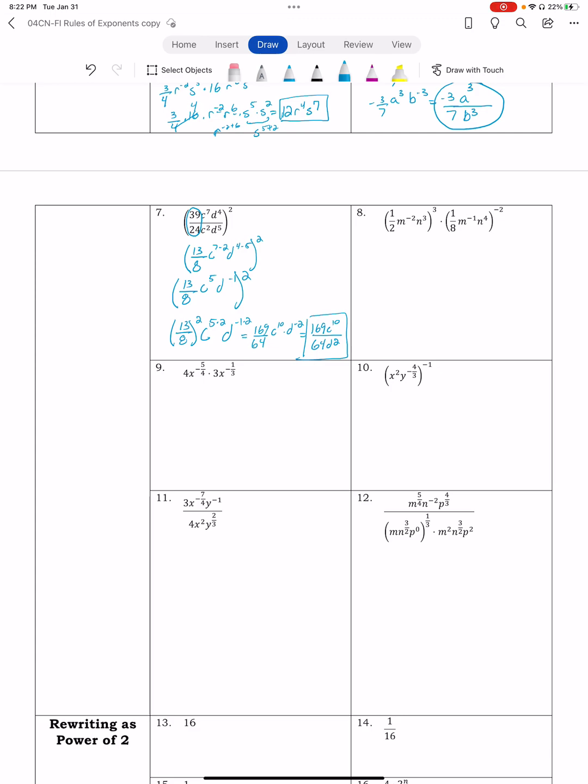This next guy, I look inside the parentheses just to see if I can simplify anything. I can't, so I distribute my exponent. This is 1/2 to the 3rd, m to the negative 6th, n to the 9th, times 1/8 to the negative 2nd, m to the positive 2, n to the negative 8.